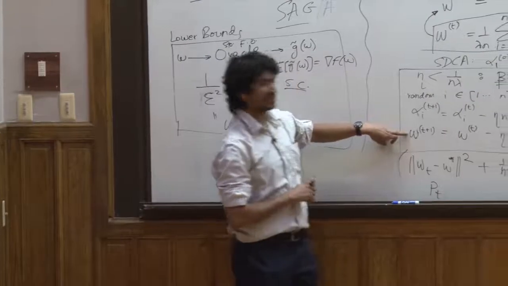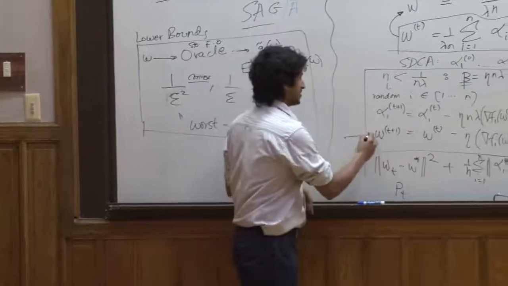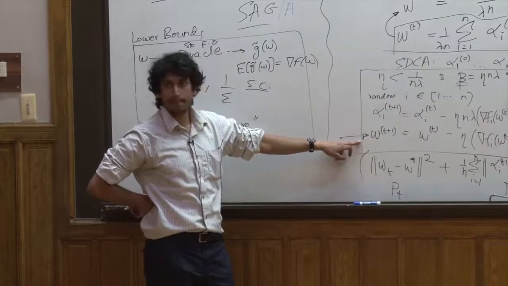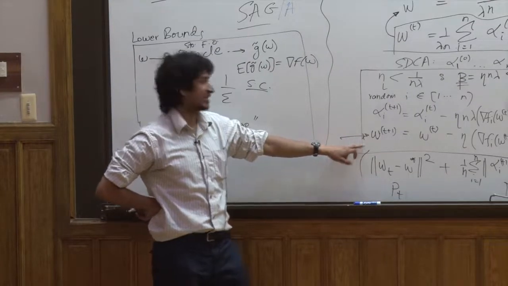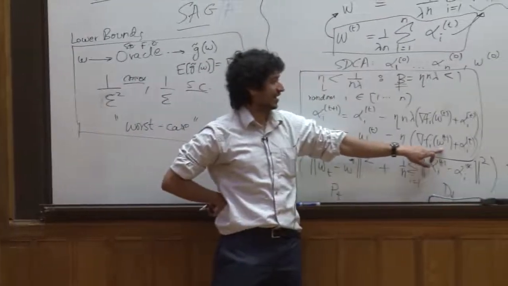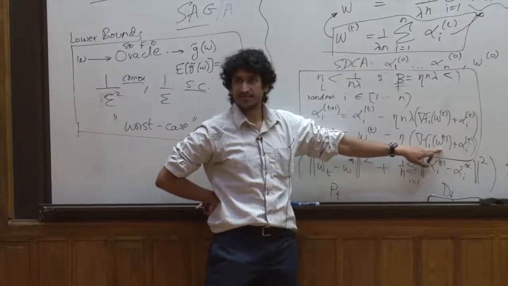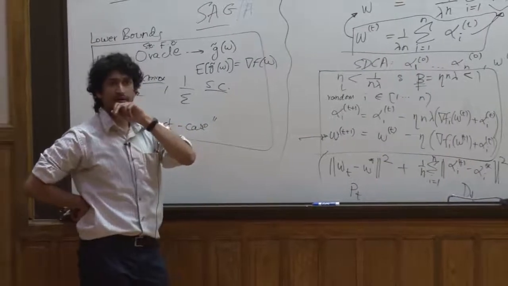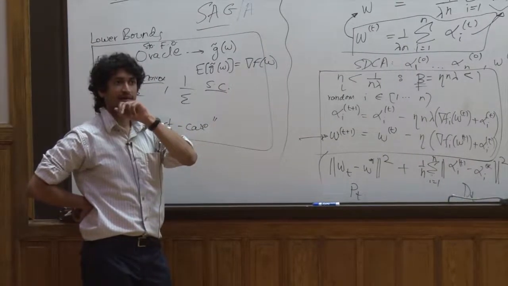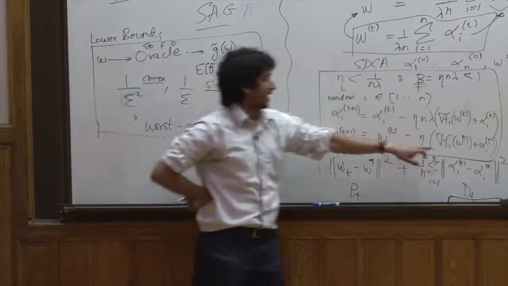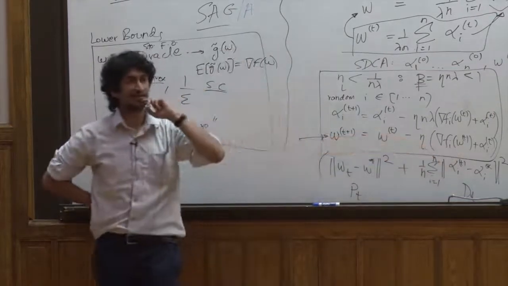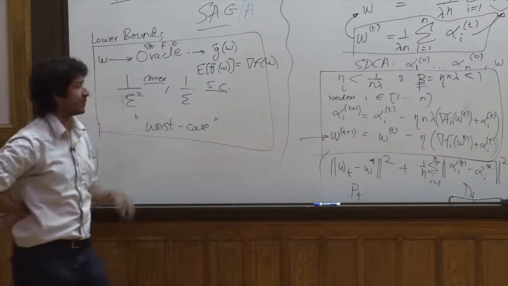So firstly, can anyone see from this primal step why this is stochastic gradient descent? In other words, I'm asking, why is this a stochastic gradient? Any thoughts? I claim that this is an unbiased estimator of the true gradient. Can anyone tell me why?